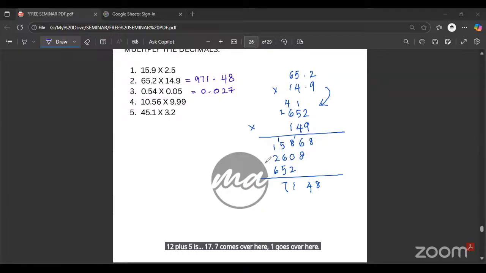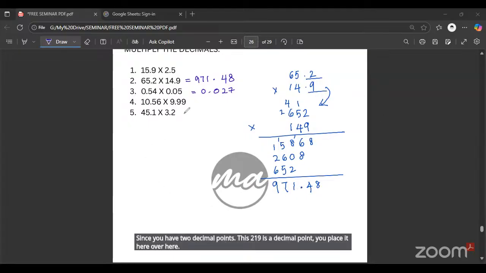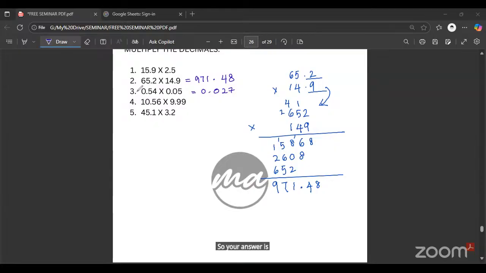So 6 plus 2 is 8. 8 plus 1 is 9. So it's 97,148. Since you have two decimal places, this 2 and 9, you place the decimal point here. So your answer is 971.48.